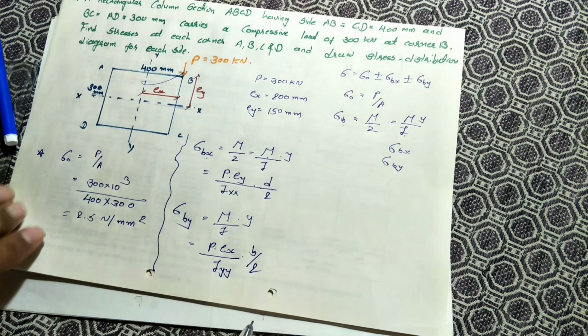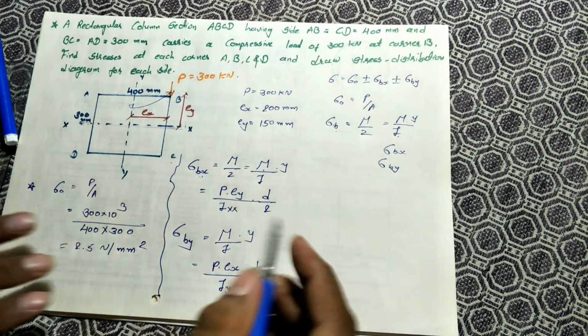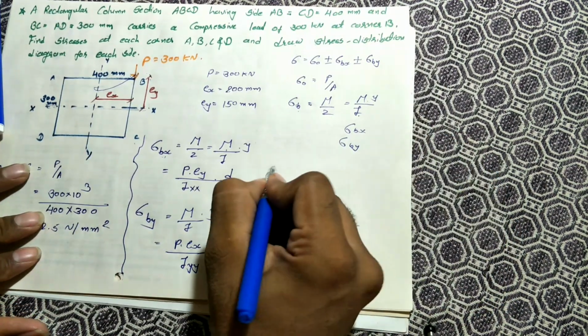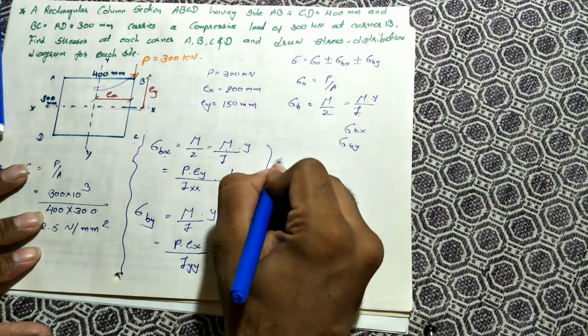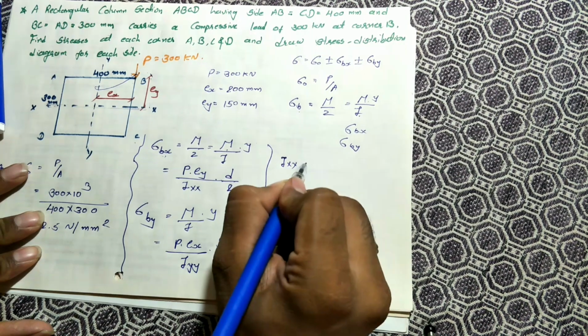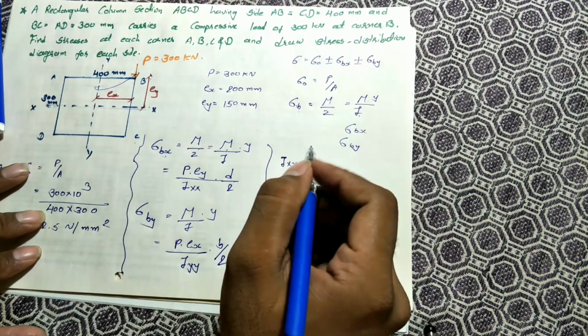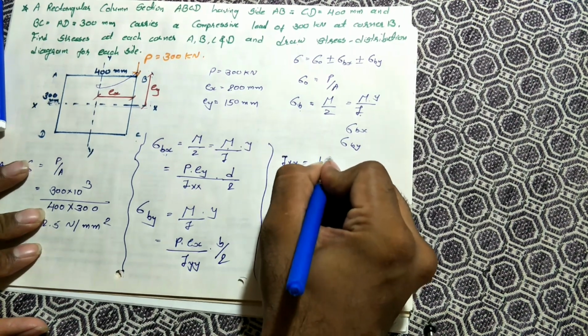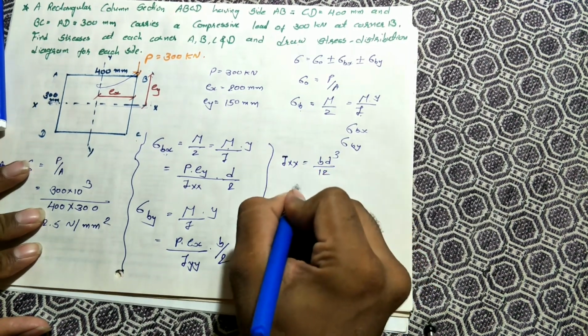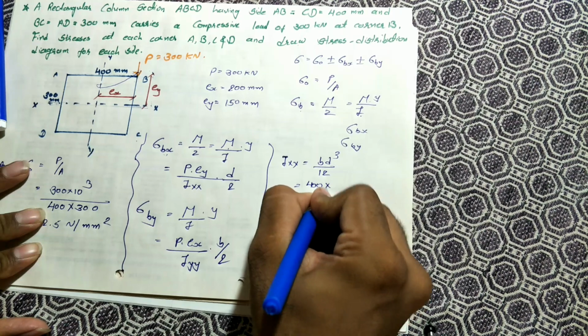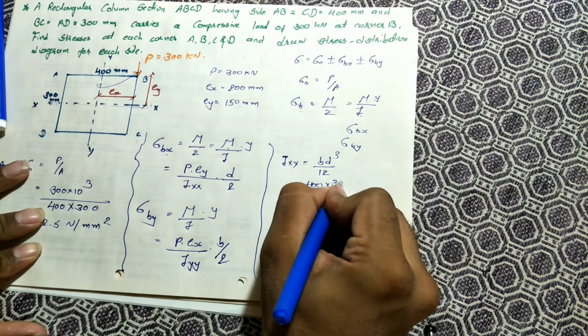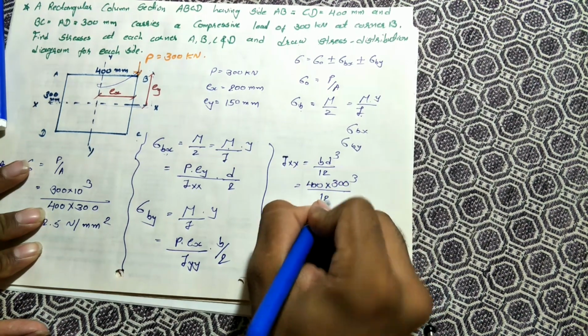So how do you calculate Ixx? Let us calculate over here only. You know that it is bd cube by 12 and db cube by 12. So Ixx is bd cube by 12, that is 400 into 300 cube divided by 12.